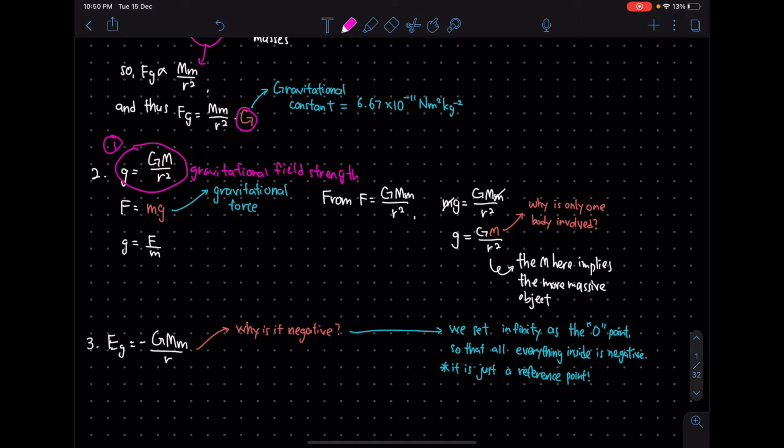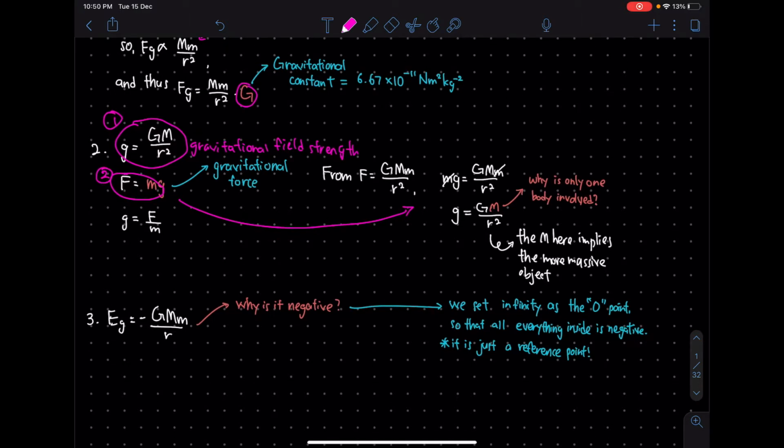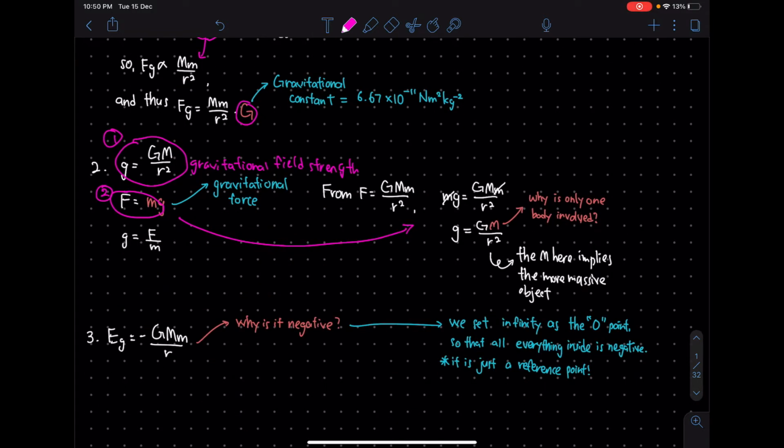This one is the first equation, and we equate it with this equation. By doing this, we can cancel out certain terms. Do take note that for the gravitational force, the capital M here is for the more massive object, whereas the smaller m is given for the smaller object when you're doing your calculations.